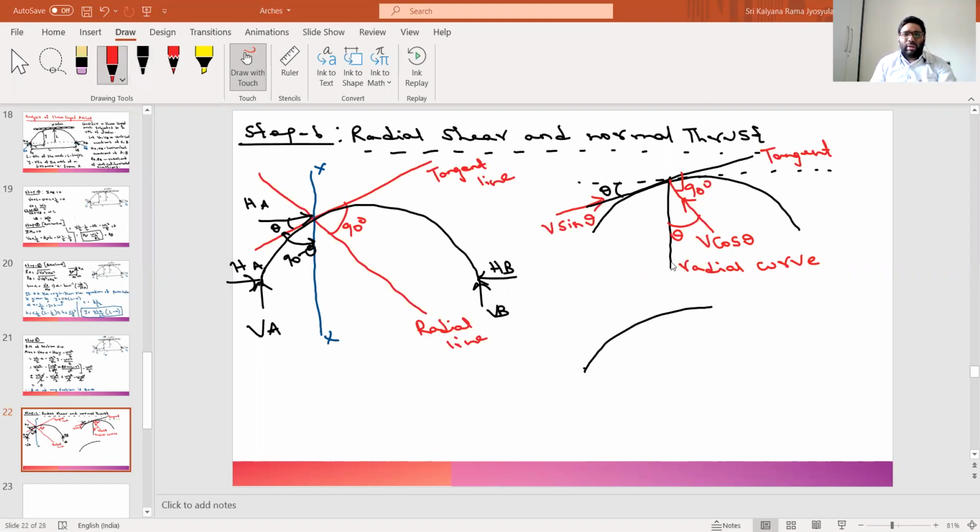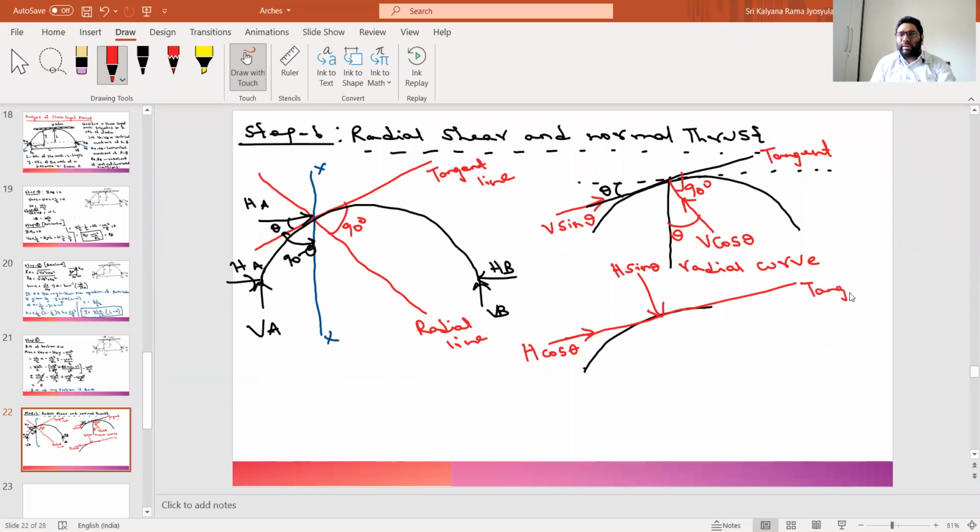So here, what do we have? We have this as the tangent line, and this is H cos theta. Resolving, you can try to compare here. H cos theta. And here, this is H sin theta.